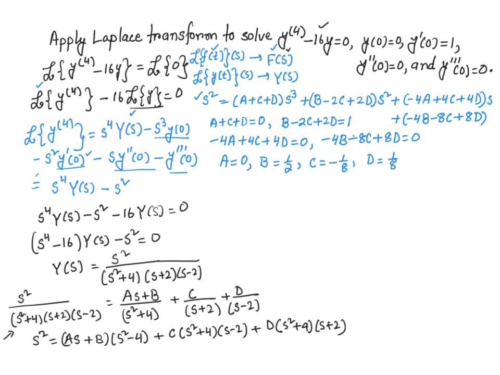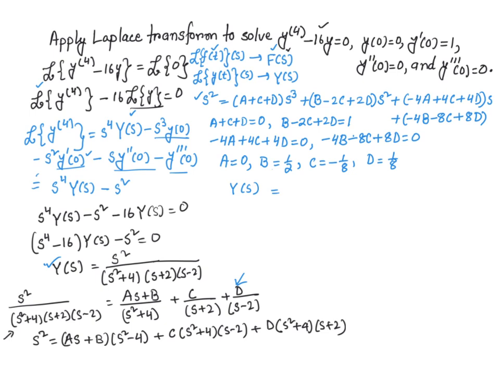So now I'm going to plug all these values into this equation, which has this on the right side. If I do that, I get y of s is equal to (as plus b).